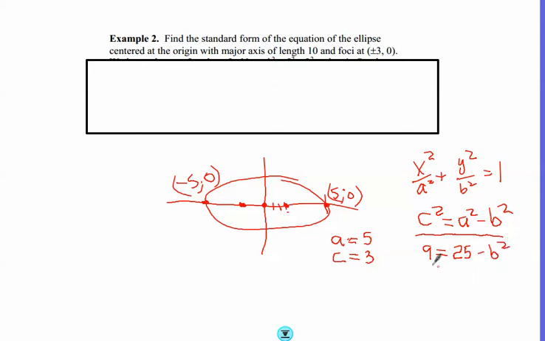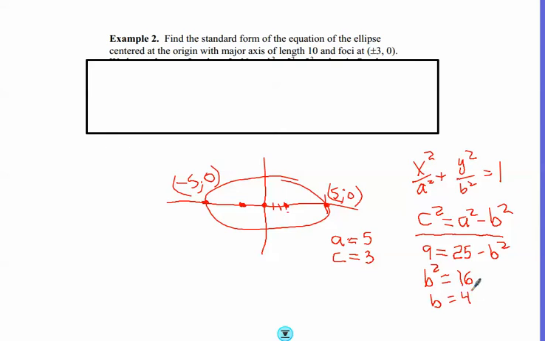If we go ahead and solve this, a little bit of algebra magic, you get b squared equals 25 minus 9, which last time I looked is about 16. So b is going to equal 4.